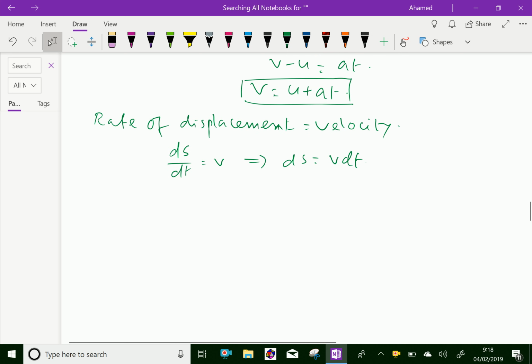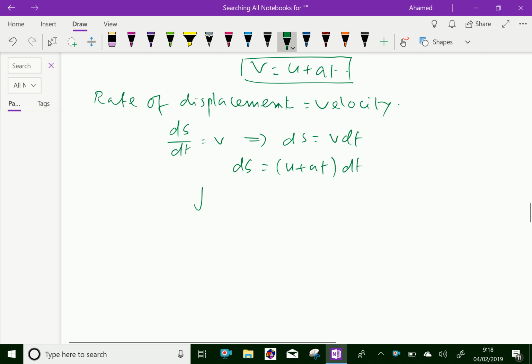Now already we have u plus at dt. Now integrating both sides, ds with the limits 0 to s distance equal 0 to t u dt plus 0 to t a dt.